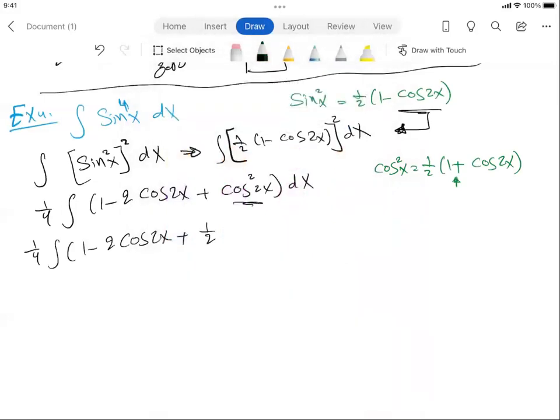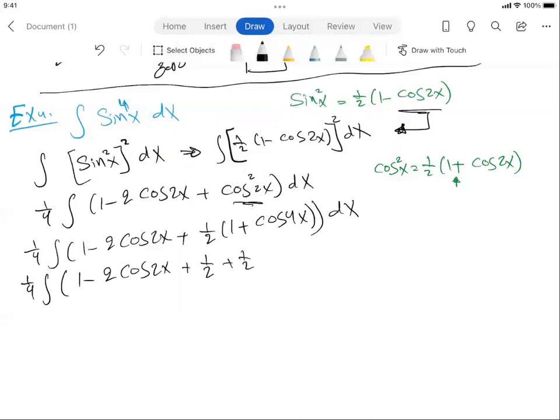And so this term, cosine square of 2x, becomes 1/2 times 1 plus cosine of the double angle, so cosine of 4x. So the integral becomes 1 minus 2 cosine 2x plus 1/2 plus 1/2 cosine of 4x dx.